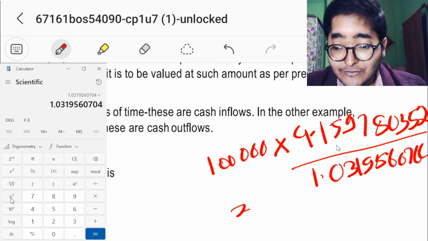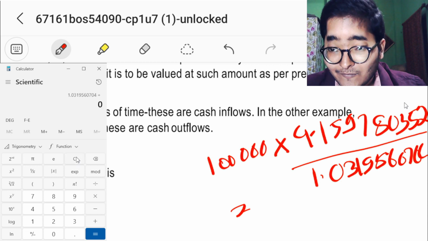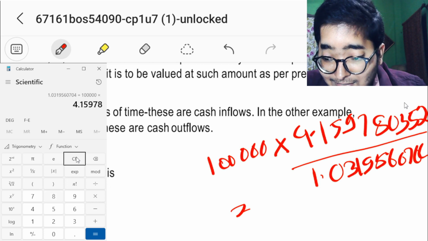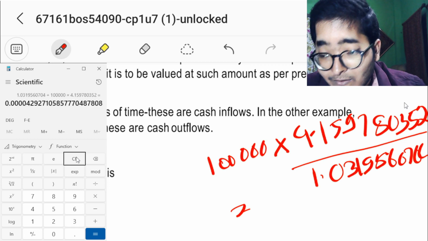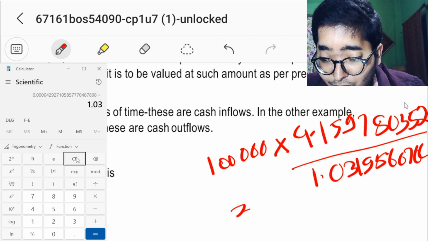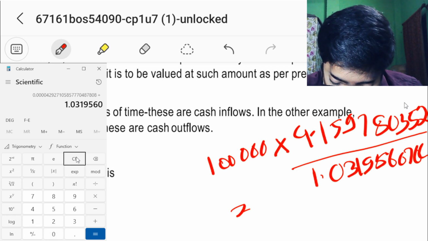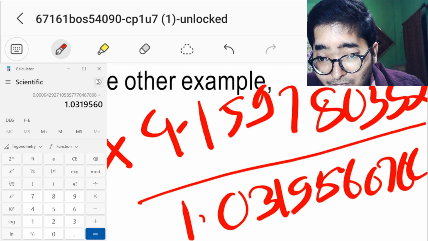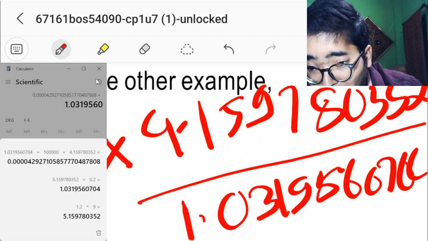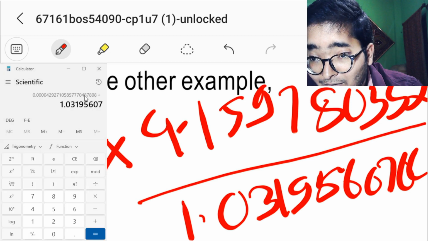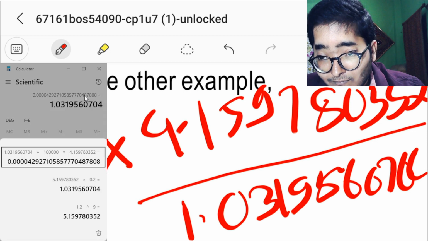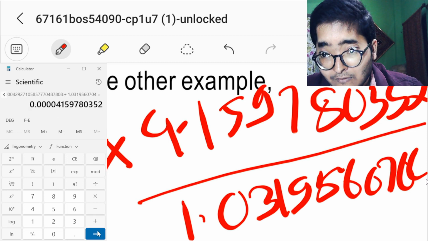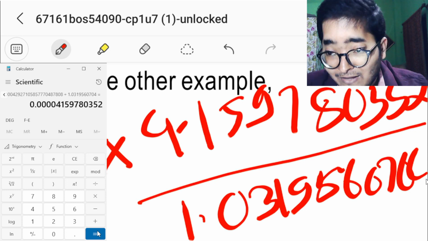So now let's calculate 1 lakh into 4.159780352 divided by 1.0319560704. Sorry, let's calculate again.